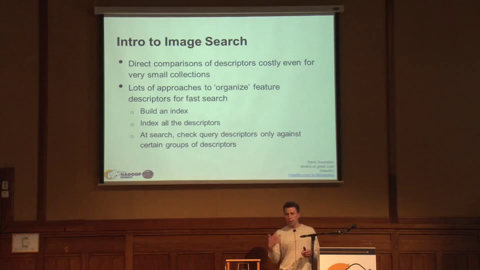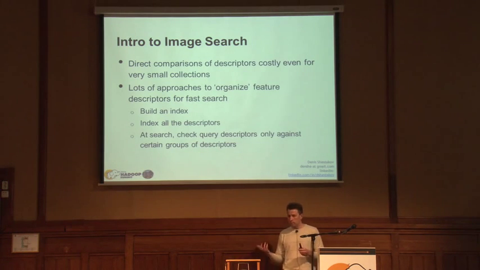Obviously, if you do it directly, for your query image, comparing each SIFT descriptor with all the SIFT descriptors of your large collection is not really a good idea, even for a very small collection, right? Again, for an image, you can think about hundreds of descriptors. So direct comparisons are not a very smart way to do it.